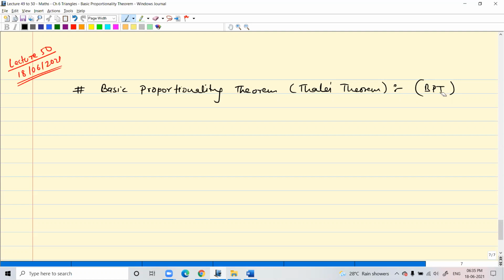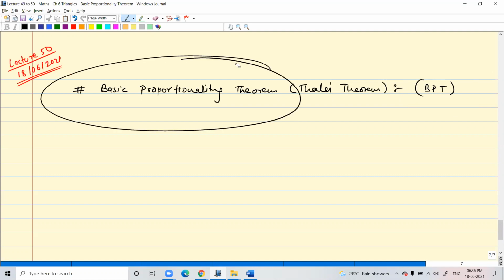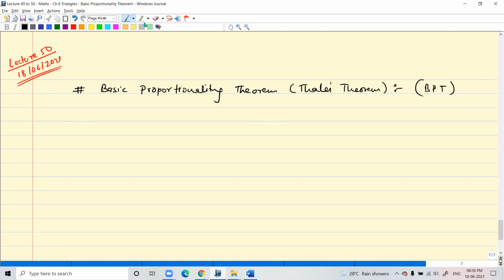But don't write BPT in your exams. Use basic proportionality theorem. You people will not use shortcuts, okay? First of all, we'll understand what it tells, and then we will prove it also.